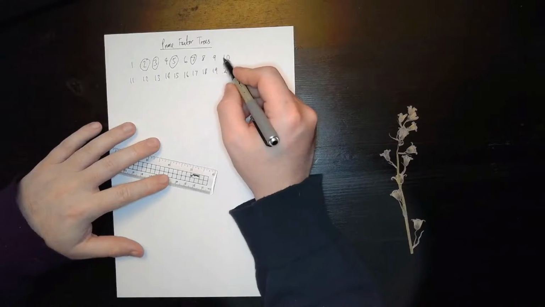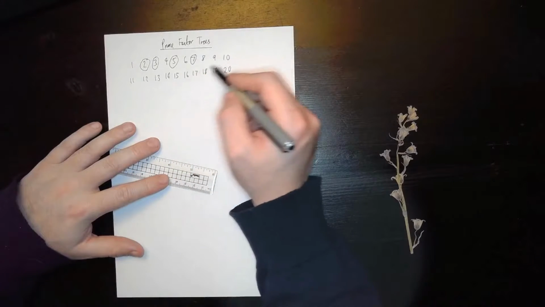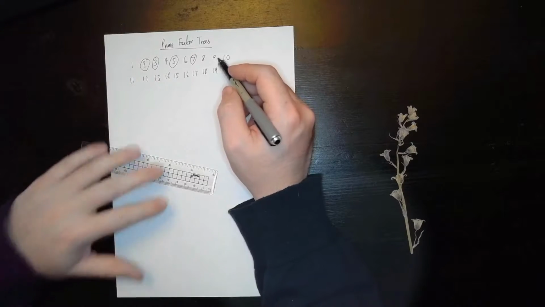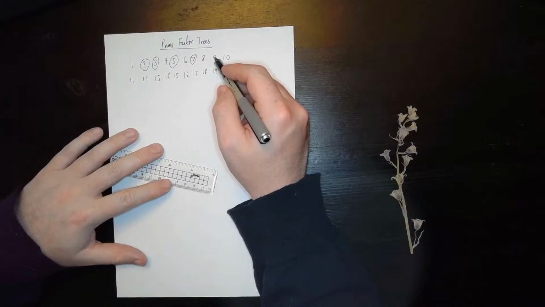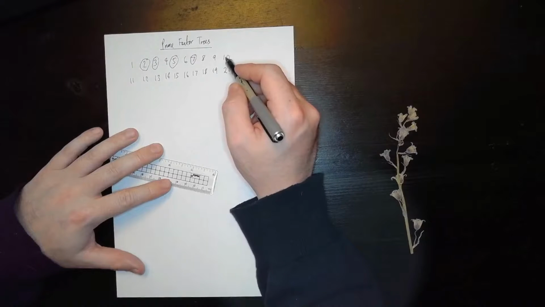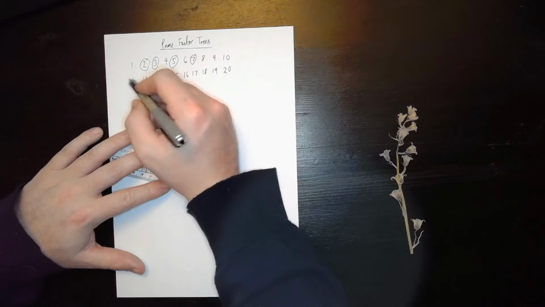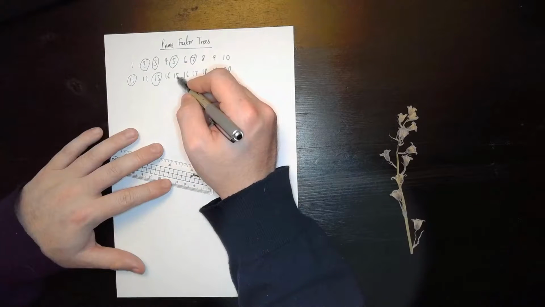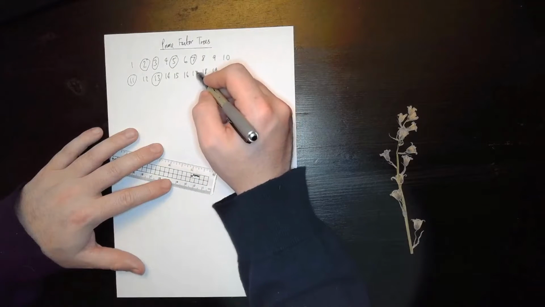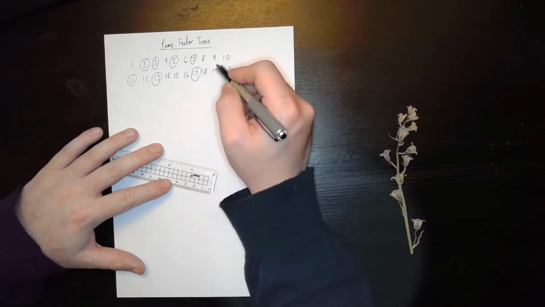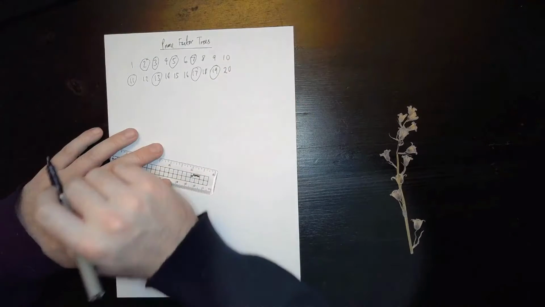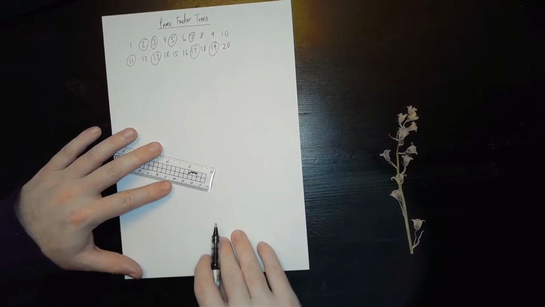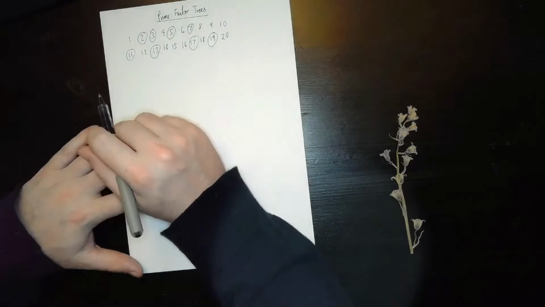So any even number can't be prime because they're divisible by 2. 9 is not prime, it's divisible by 3. 11 is prime. 13 is prime. 15 is not prime, it's divisible by 3. 17 is prime. 19 is prime. Okay, so these are the prime numbers, the first few.